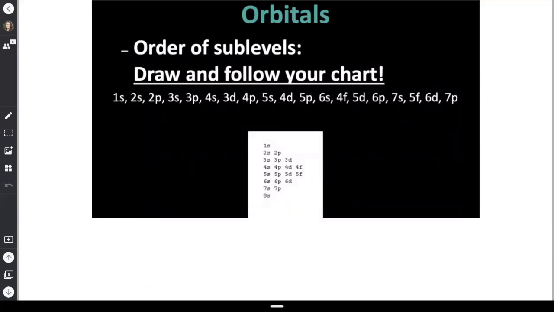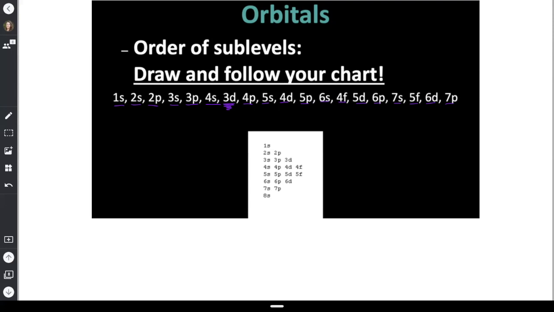Because if you look at these numbers down below, I go 1s, 2s, 2p, 3s, 3p, 4s. Oh, look, I went back, 3d. Then I go 4p, 5s, 4d, 5p, 6s, 4f, 5d, 6p, 7s, 5f, 6d, 7p. What do you notice about that? None of them are in an order, right? It's kind of random. You don't want to have to memorize that.